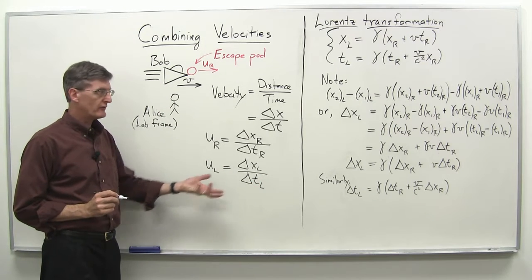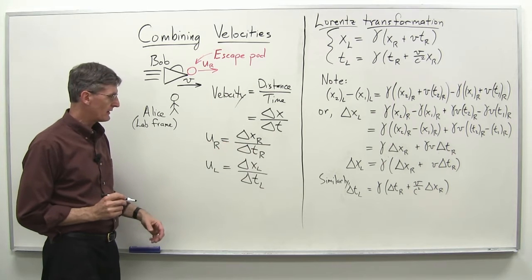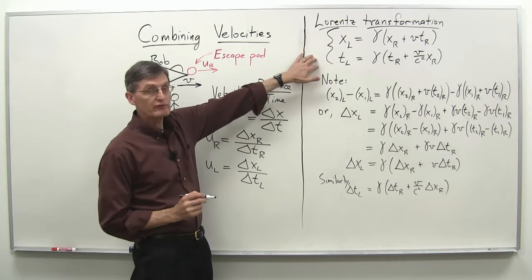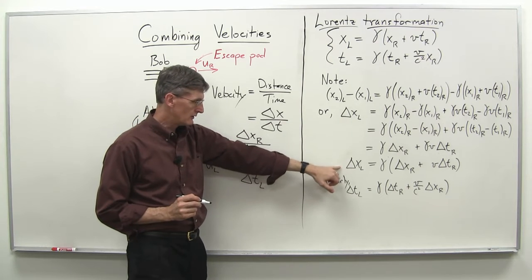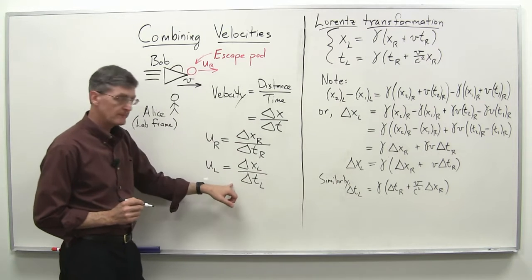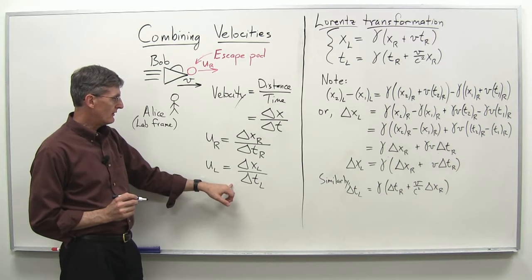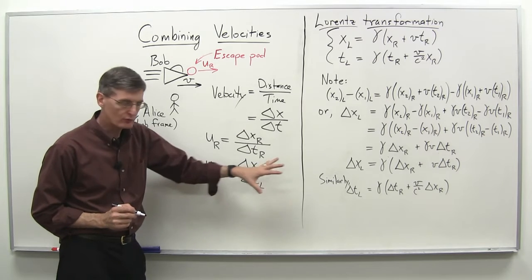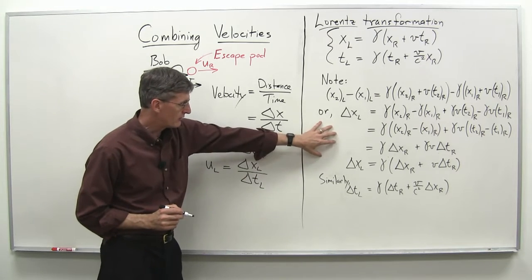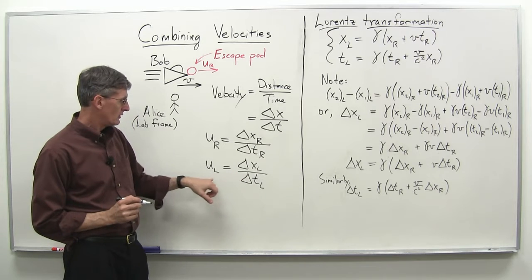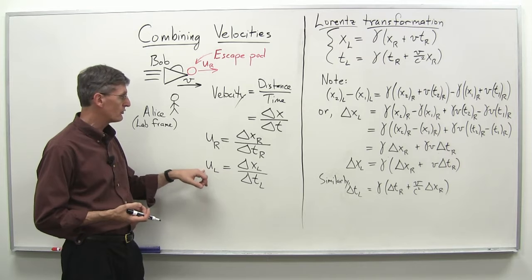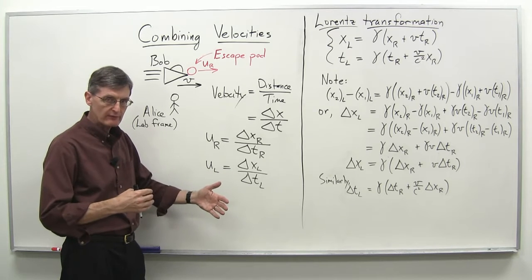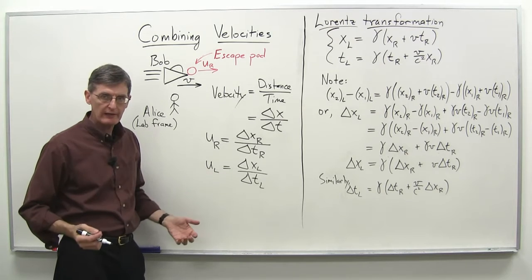And now hopefully you can see why we did this little example, because the Lorentz transformation gives us a delta x sub L and a delta t sub L. So now we take these equations and put them into Alice's equation for the velocity of the escape pod, u sub L, in the lab frame of reference, her frame of reference, and see what we get for it.